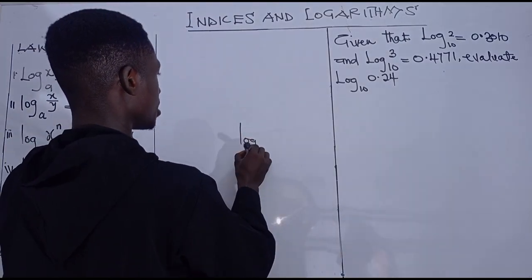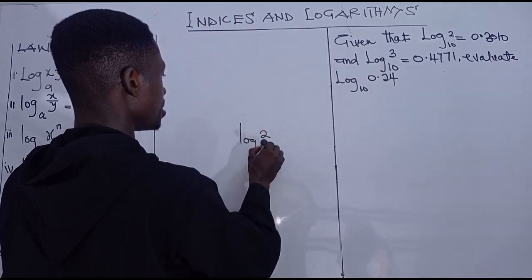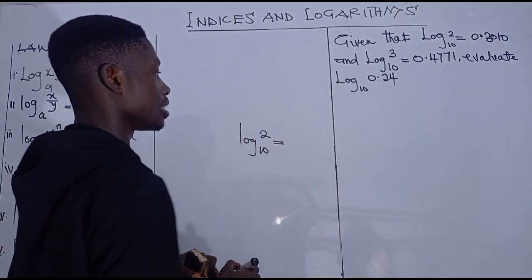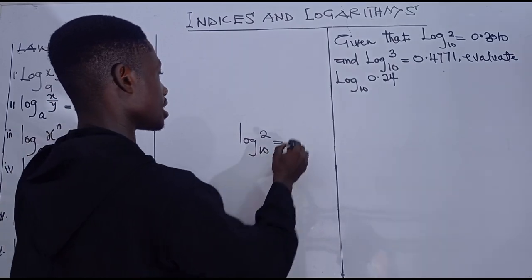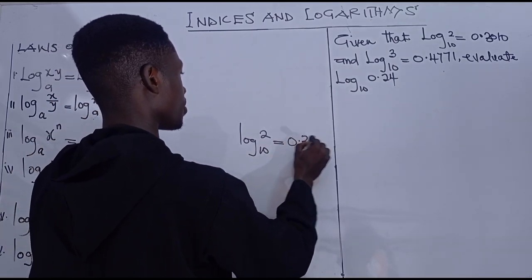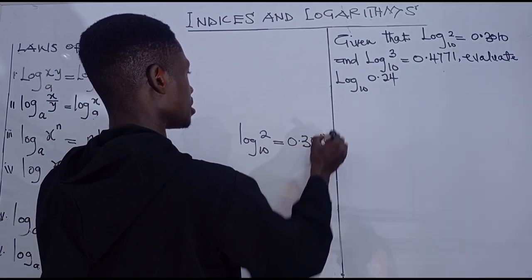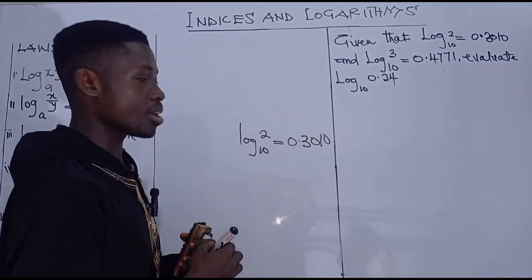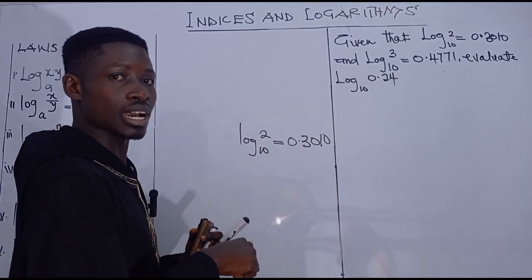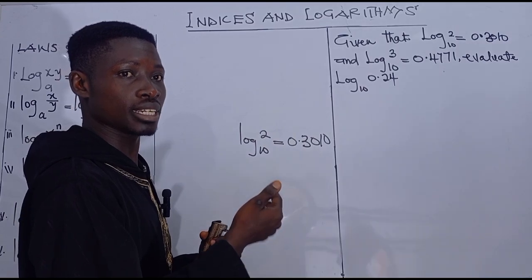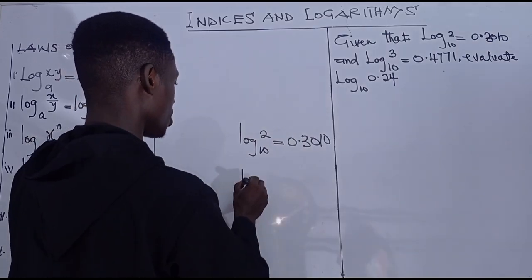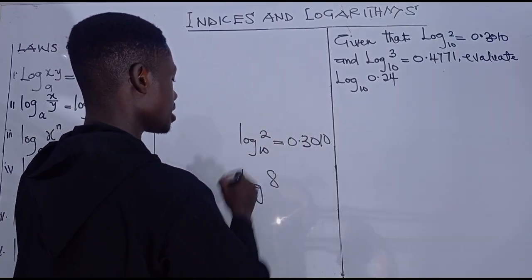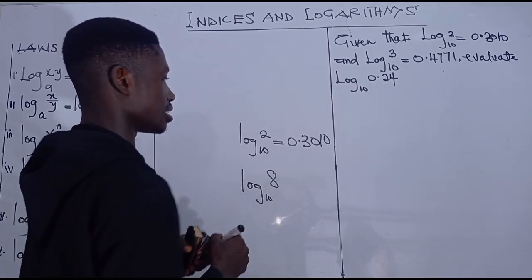Given that log of 2 to the base of 10, and the estimated value for this is 0.3010. Now you'll be asked to evaluate another logarithmic expression. Let's say log of 8 to the base of 10.